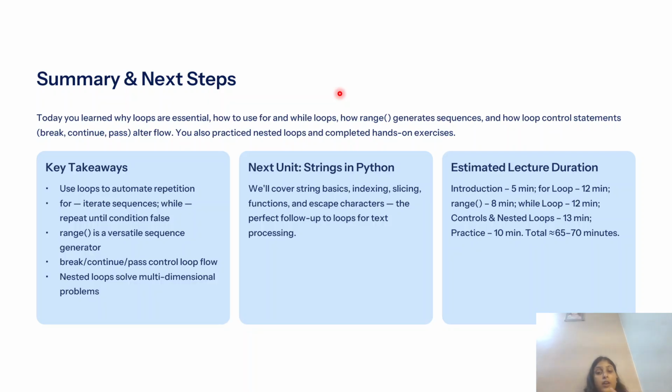Forgetting to update the value in a while loop will lead to an infinite loop. Confusion between break and continue. If you avoid these mistakes, you will save a lot of time.